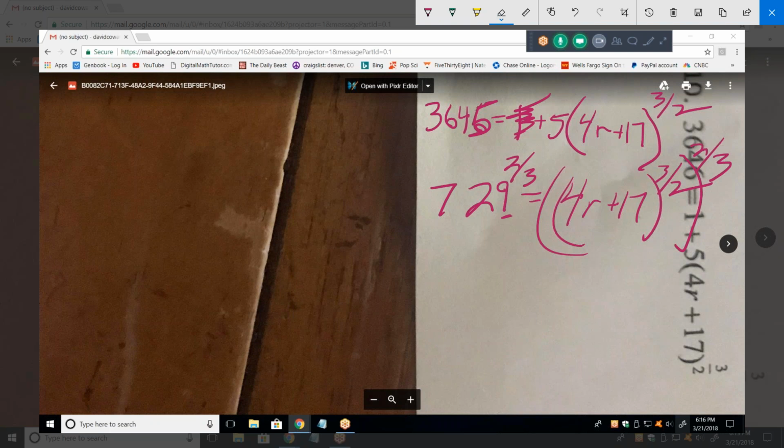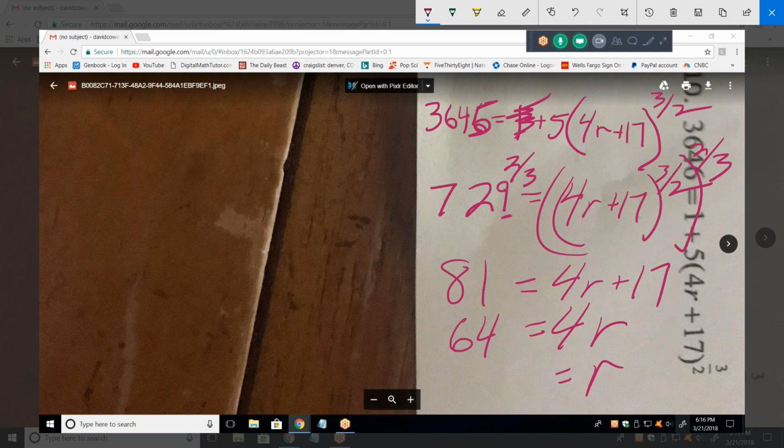So it's 9 squared, so it's 81. That's what 729 to the 2/3 is. This is always whatever's in the inside. And now it's a relatively straightforward equation to solve.